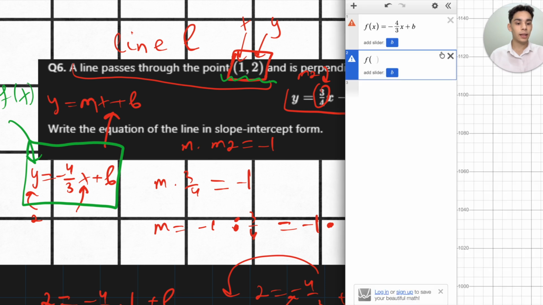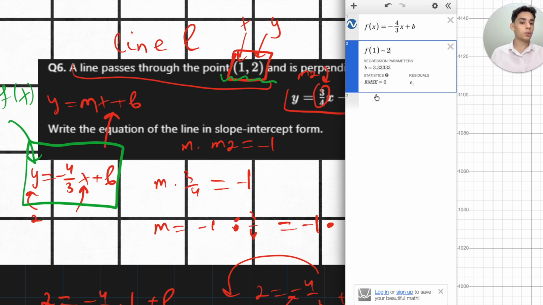I can say that f of 1, this sign, equals 2. And it will just find the value of b for me, or you can write b yourself and click this button. It will just turn it into a fraction. It's the same thing that we found.